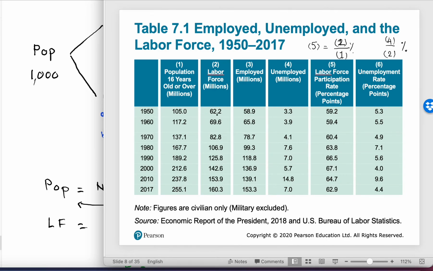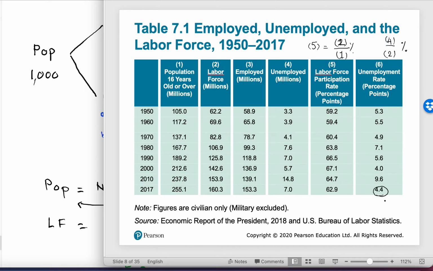Okay, so 3.3 million divided by 62 million is the 5.3% unemployment rate in 1950. And this is during the Donald Trump period, which was just before the pandemic.